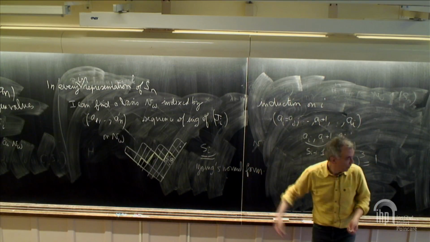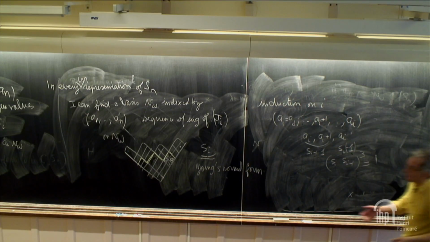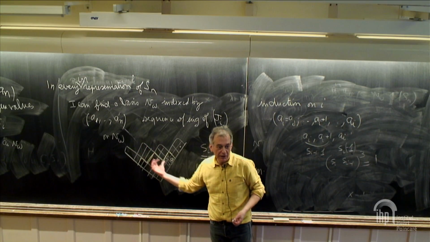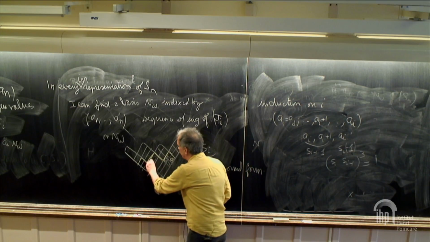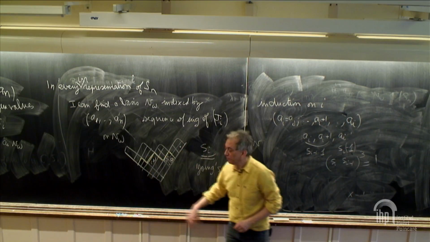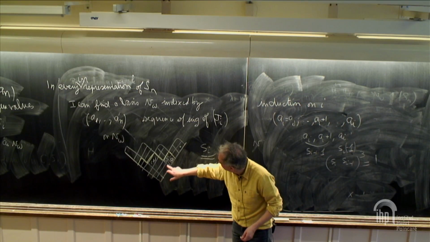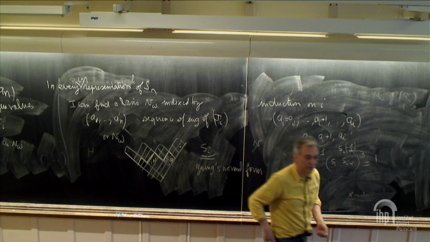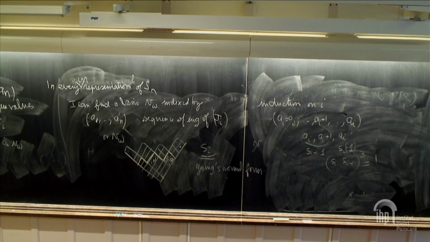Because of the lemma, you can do these transpositions, and it's easy to see that any two tableaus corresponding to the same shape are related by a sequence of transpositions of i plus 1 as I had before. But you can always put them in the canonical form when you start like 1, 2, 3, 4, 5, 6, etc. reading the tableau along the diagonals like that, just by making transpositions. It's not difficult to check.